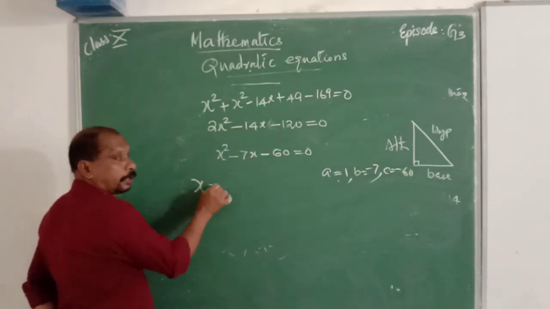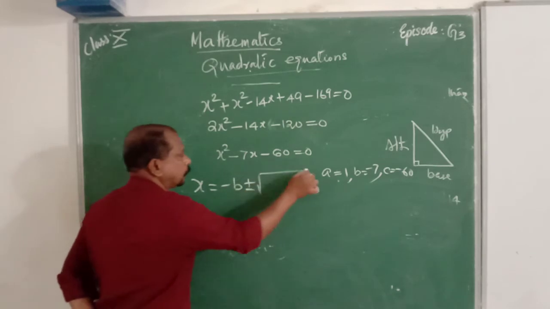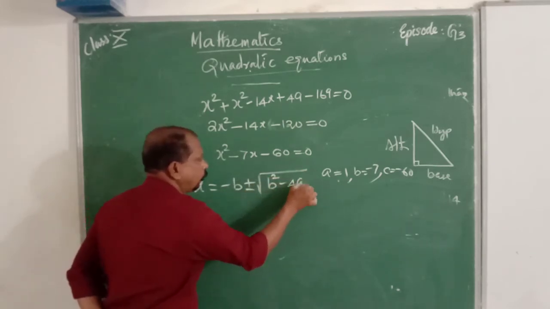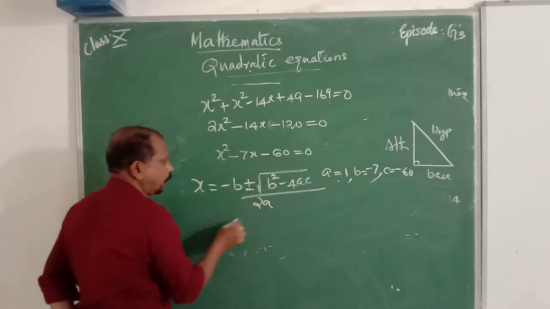Then x is equal to what? Minus b plus or minus root of b square minus 4ac, divided by 2a, that is the quadratic formula.